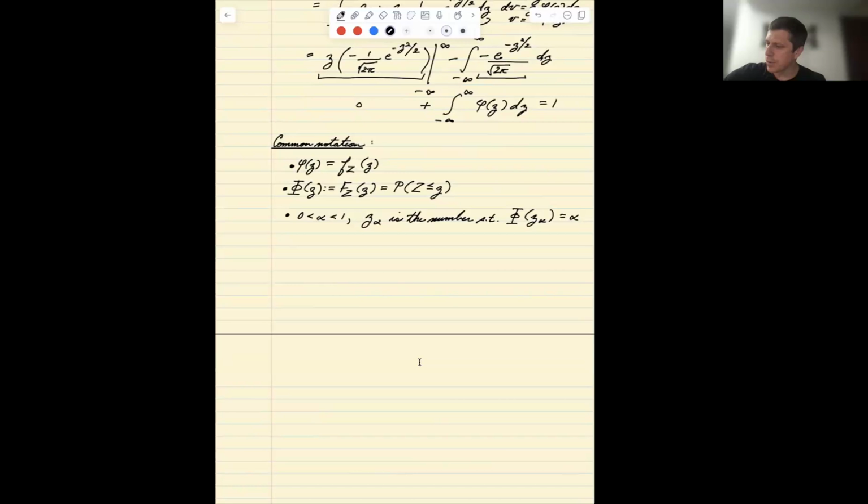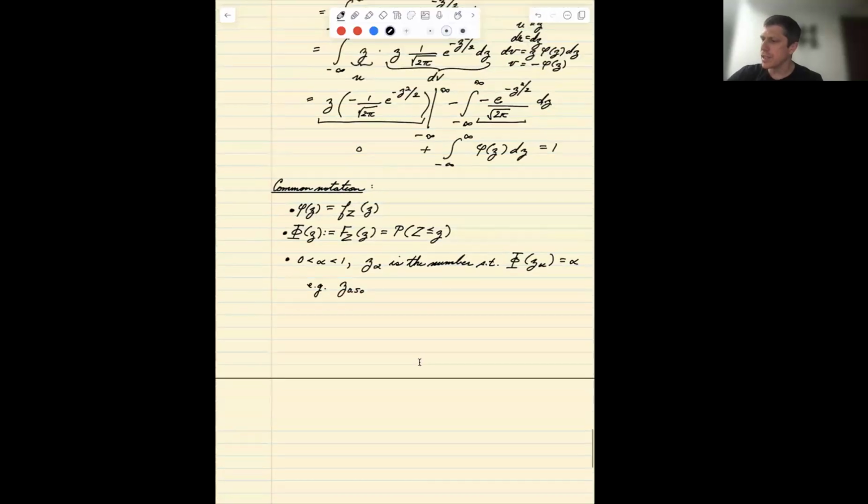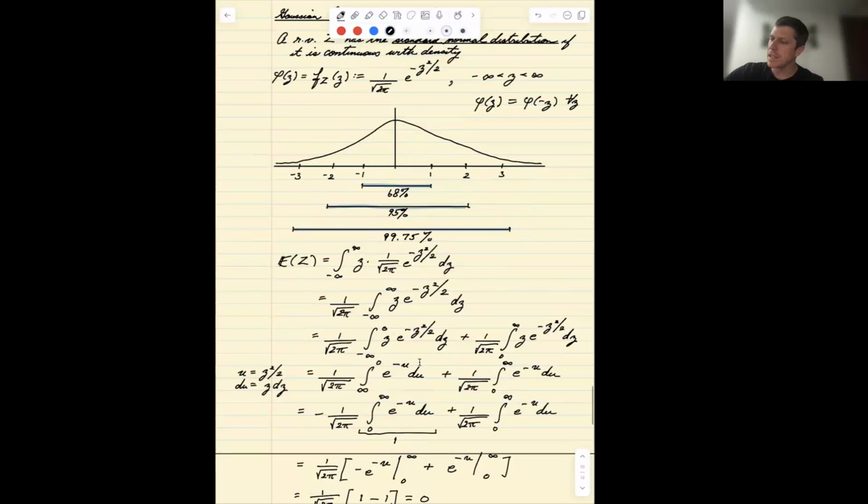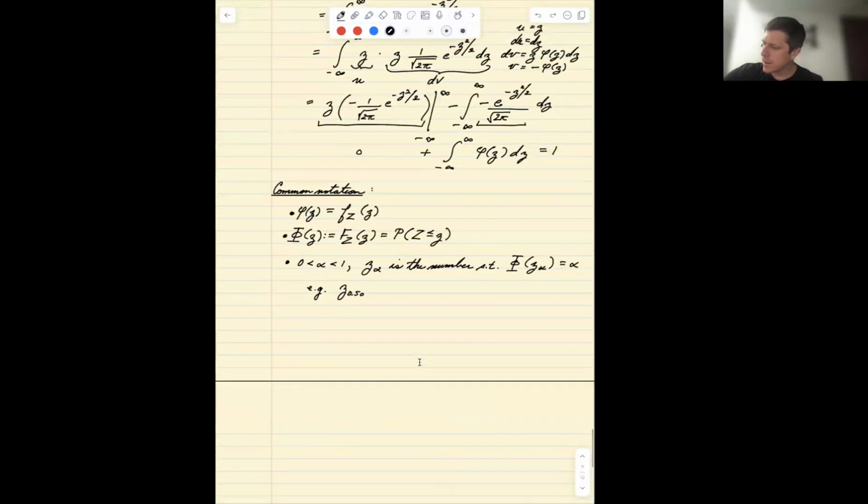So for example, z 0.5: where is the value at which the cumulative distribution has 50% probability? Well, 50% of the probability is to the left of 0 and 50% is to the right. So that value is 0.